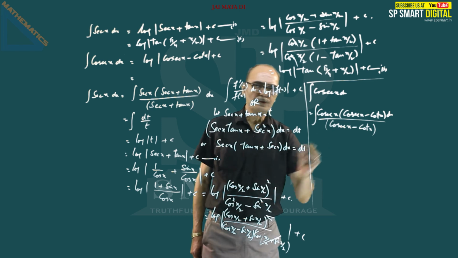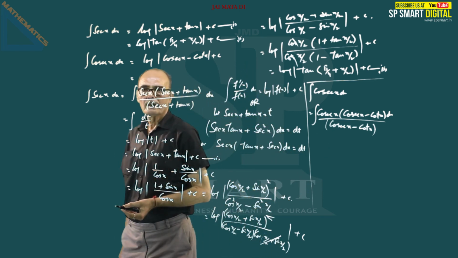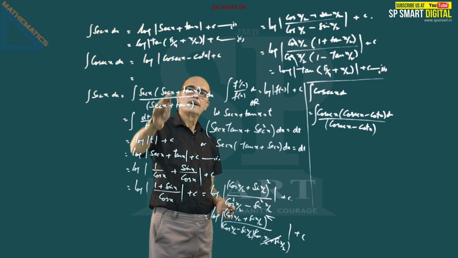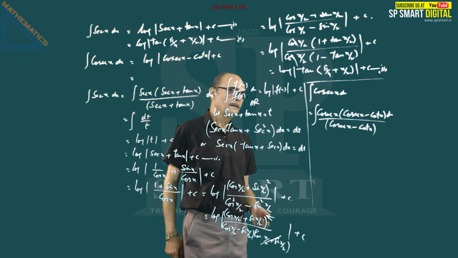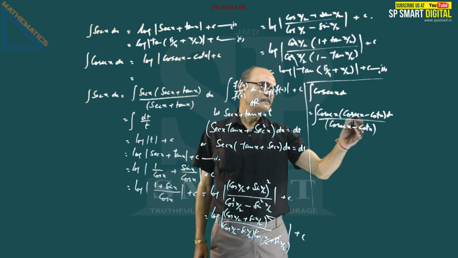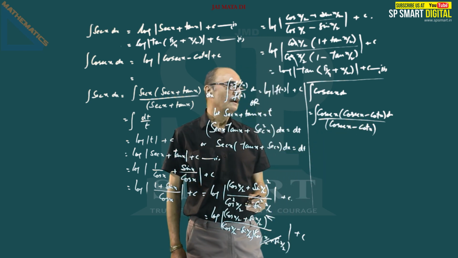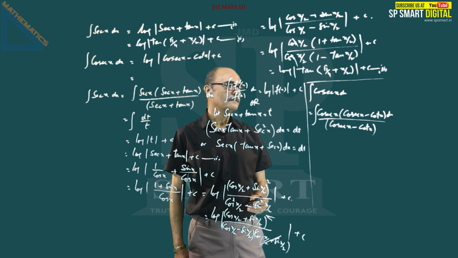This step you have to remember: multiply cosec x minus cot x in the numerator and denominator. This factor will cancel out and you are left with cosec x dx.